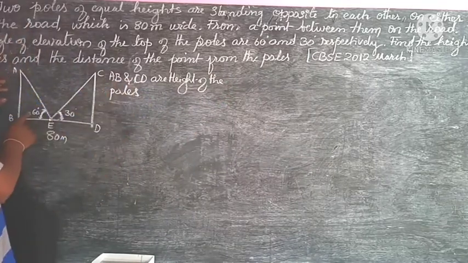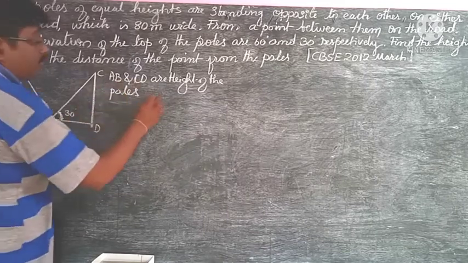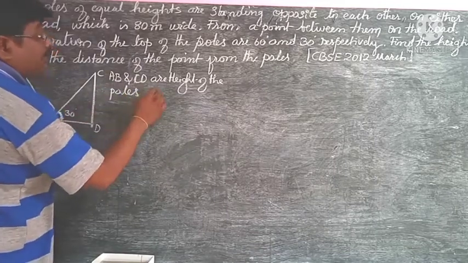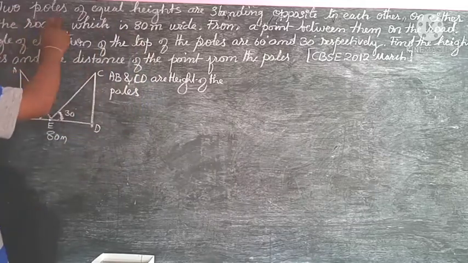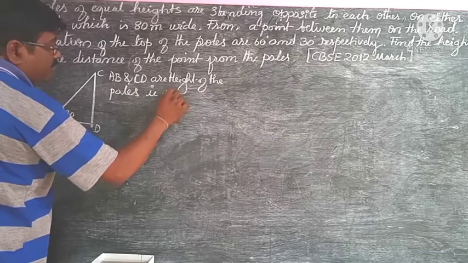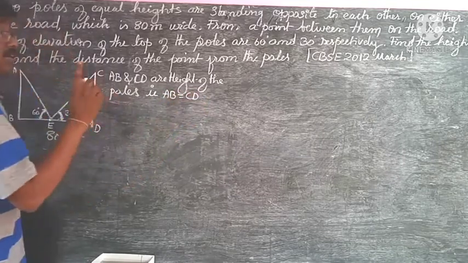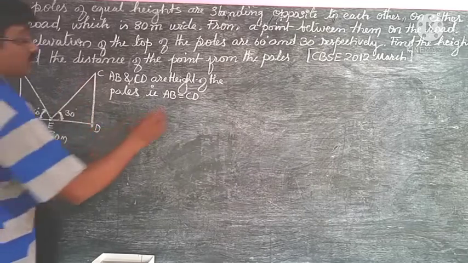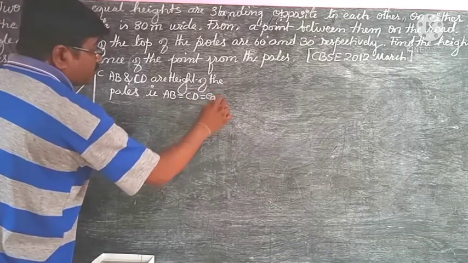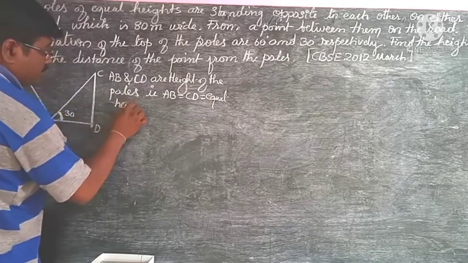The angles of elevation are 60 degrees as well as 30 degrees. Both heights are equal; here they mention that the two poles are of equal height. That means AB is equal to CD, equal heights.